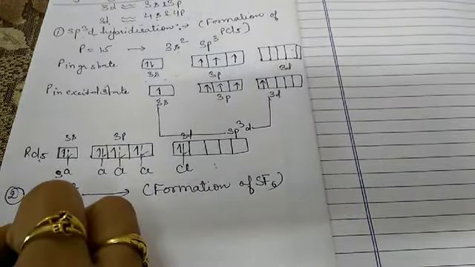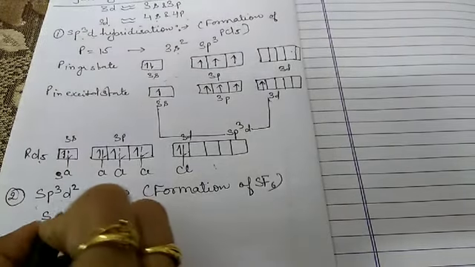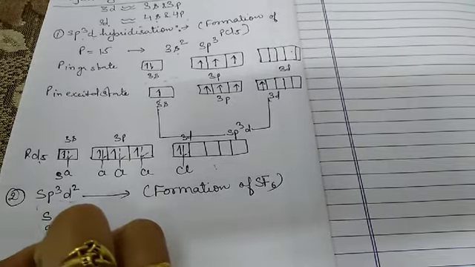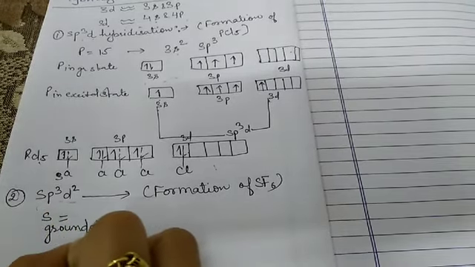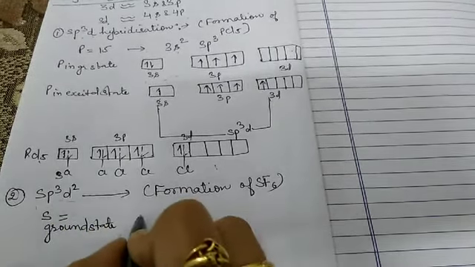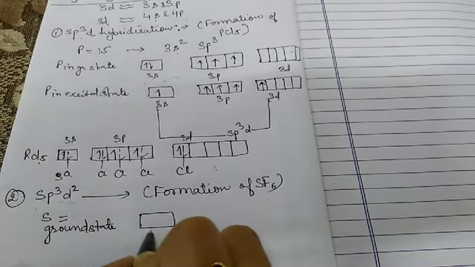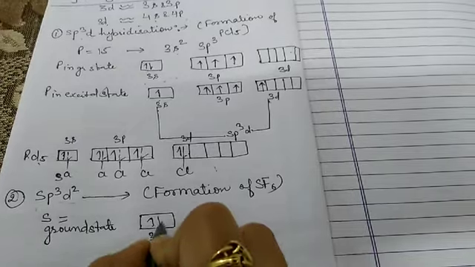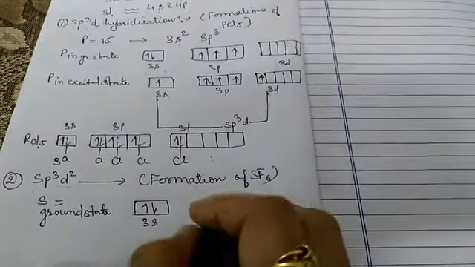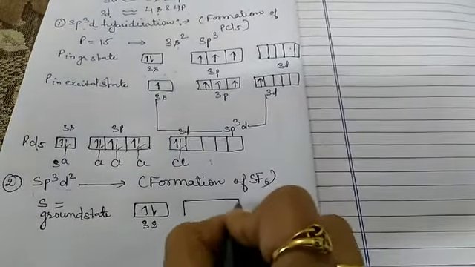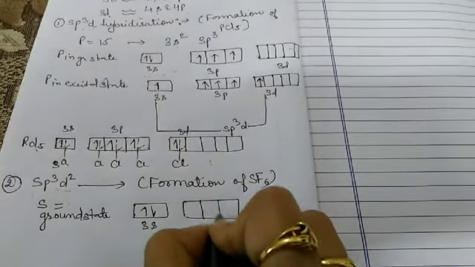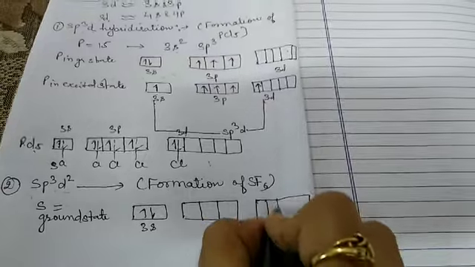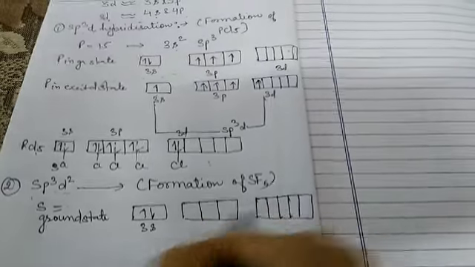For sulfur, first consider the ground state electronic configuration. In the ground state, it has 2 electrons in the s orbital, the 3s. Then the p orbitals, 1, 2, 3, with 4 electrons in the p orbitals, and this one is the d orbital, 1, 2, 3, 4, 5.